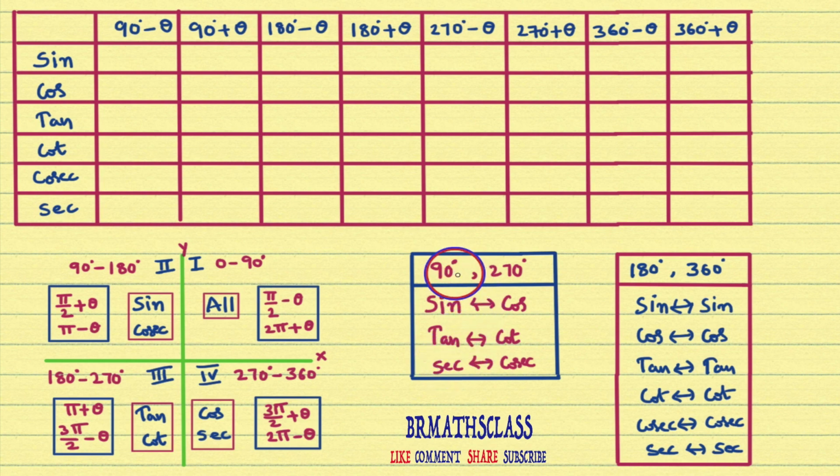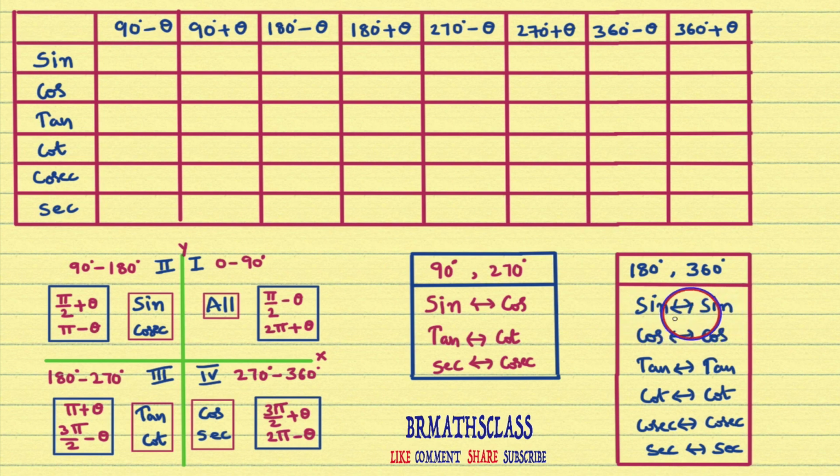Whenever you see 90 degrees, 270 degrees in allied angles, in these cases, sine changes to cos, cos changes to sine, tan changes to cot, cot changes to tan, secant changes to cosecant, cosecant changes to secant. And next one, whenever you see 180 degrees, 360 degrees in allied angles, then the trigonometric functions remain the same.